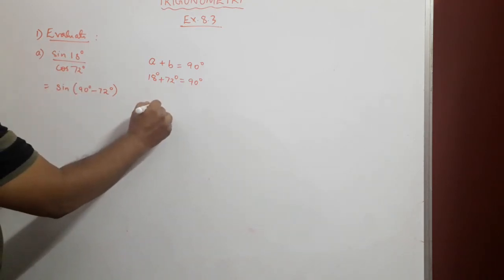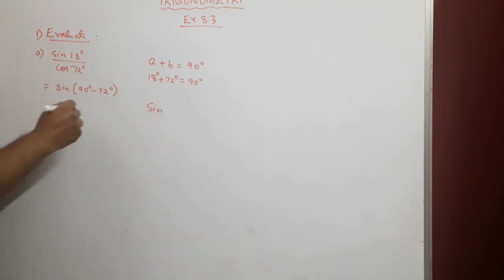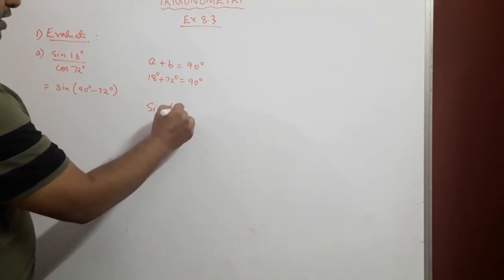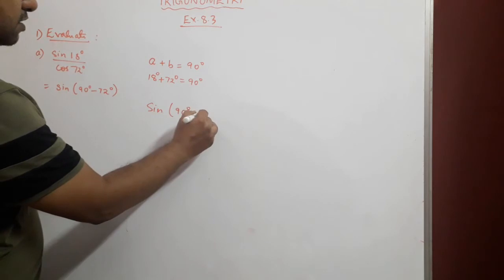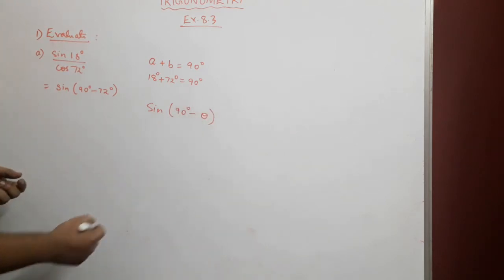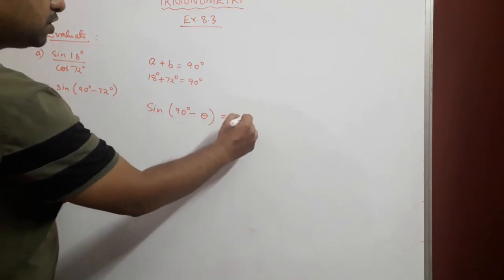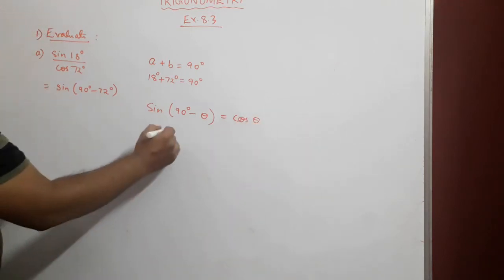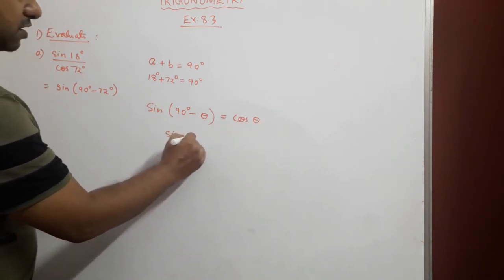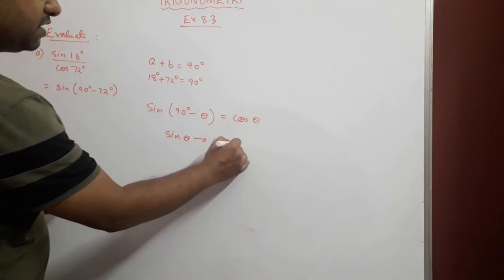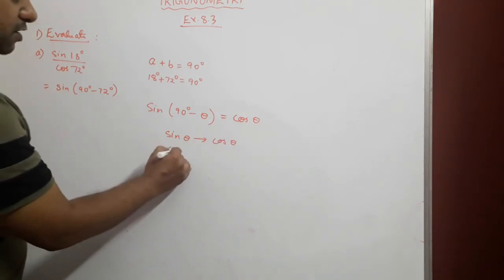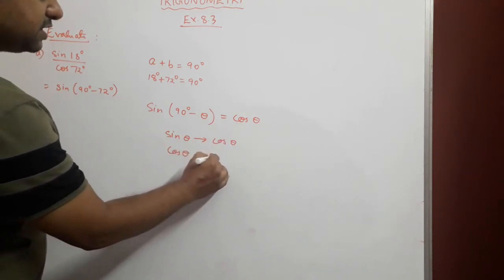And we know from our previous video on complementary angles that sine of 90 degrees minus theta is equal to cos theta. Sine gives us cos theta when it comes to complementary angles, and cos theta gives us sin theta.